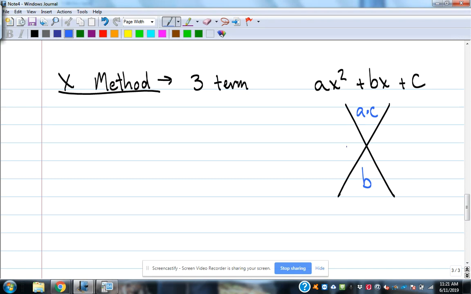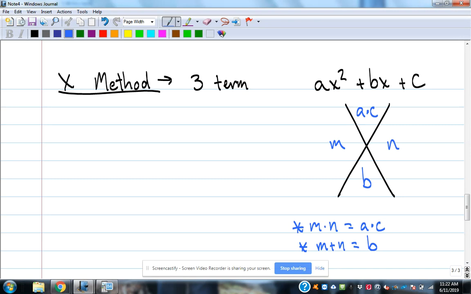Okay. On the sides are going to be two numbers, m and n. m times n has got to equal whatever a times c is. And then m plus n has got to equal b. What this does is it forces you to think about the numbers and how they multiply together and how they add together. Always got to add to be b and multiply to be the same number as a times c.